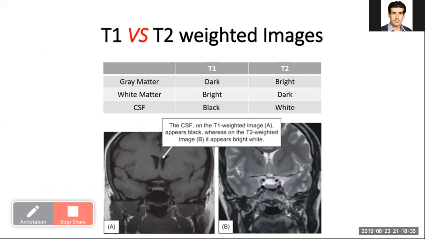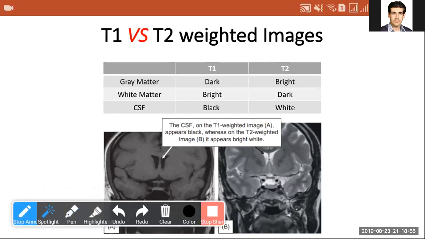First, how to differentiate between T1 weighted images and T2 weighted images. T1 weighted images is just like the normal anatomy. The CSF seems to be dark, low intensity. The gray matter will be dark.